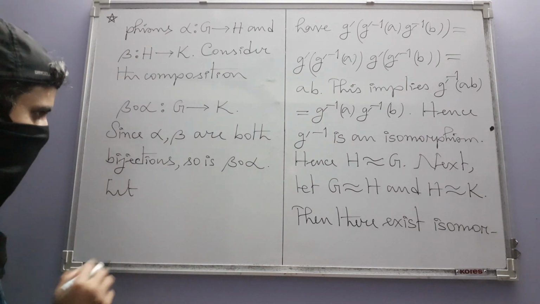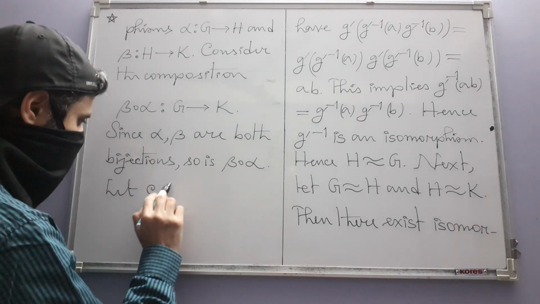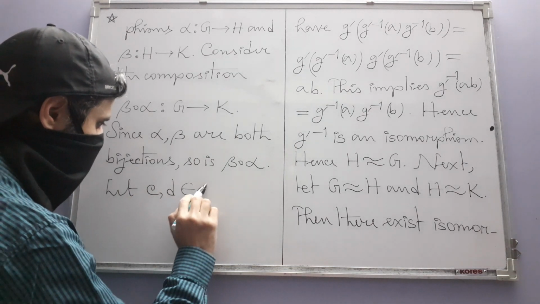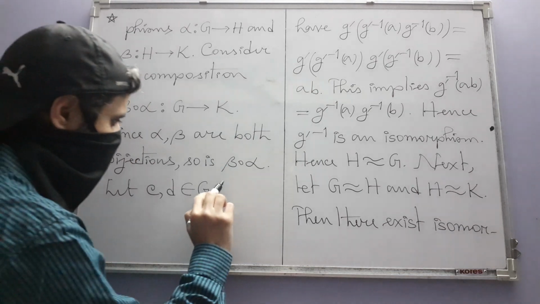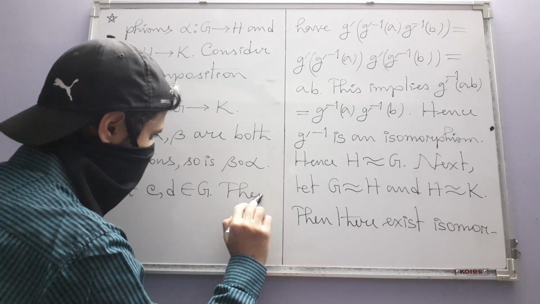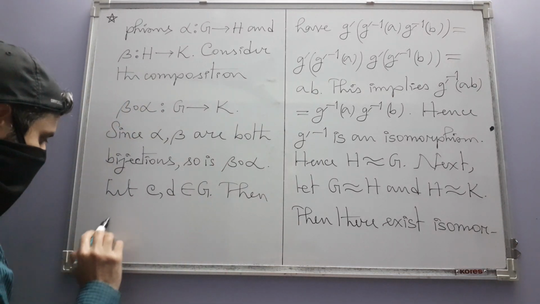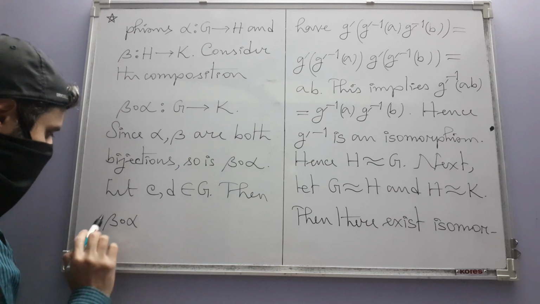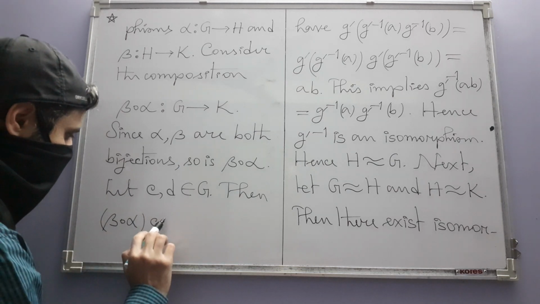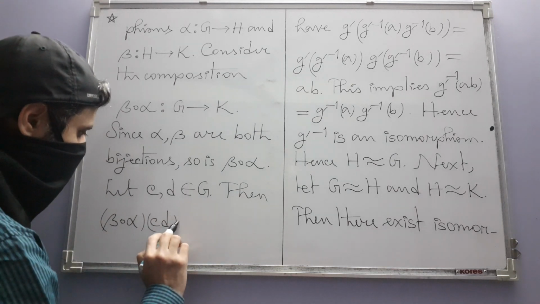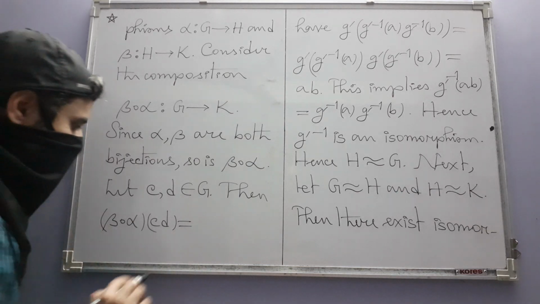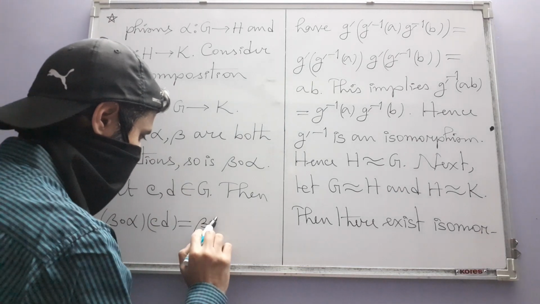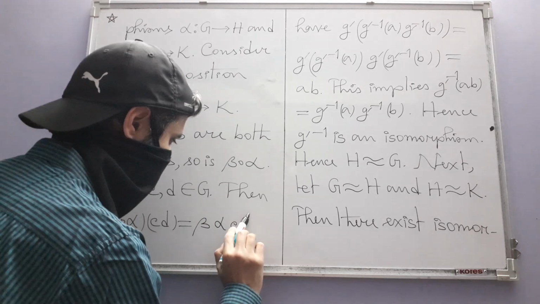So let us consider two elements C and D in G. Then if you apply this composition on the product CD, then by the definition of composition, this is the beta image of the alpha image of CD.